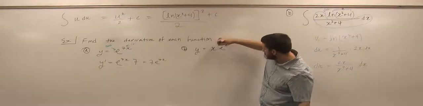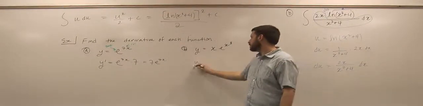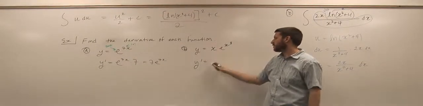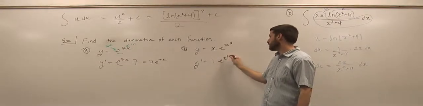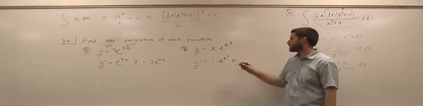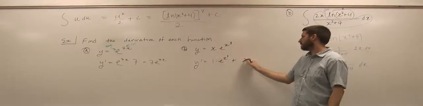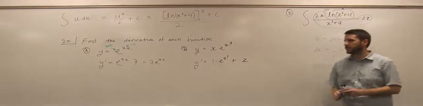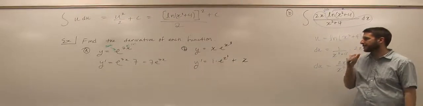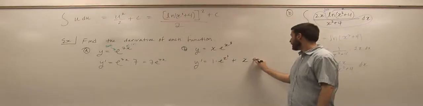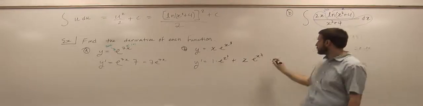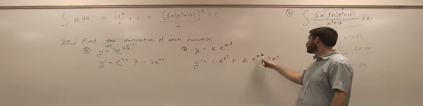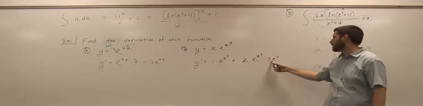Because this is multiplication, when we do the derivative, we have to start with the derivative of x, which is 1, times the same exact function rewritten, plus, keep x the same, and then multiply by the derivative of e to the x cubed. What's that? E to the x cubed again, times what? 3x squared. Because the derivative of the inside is 3x squared.